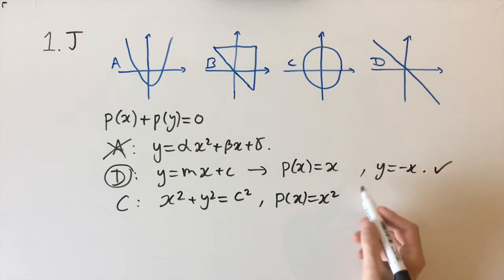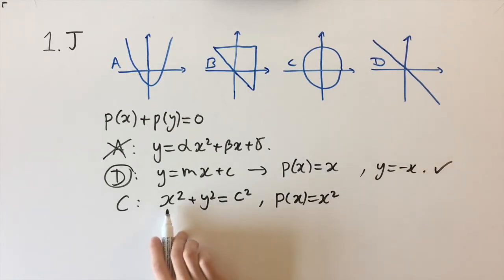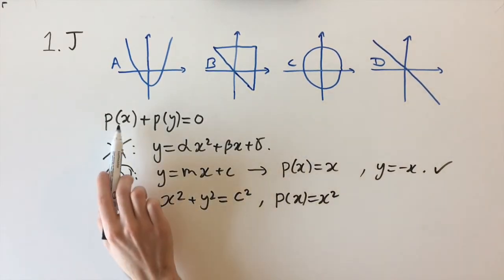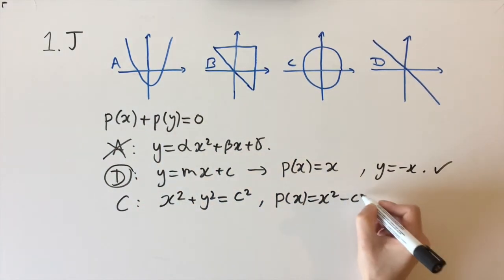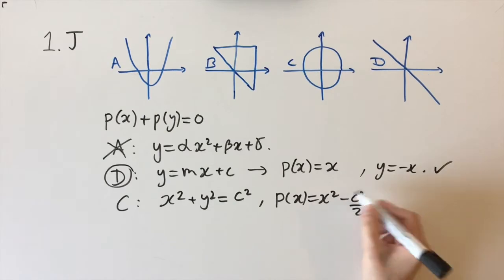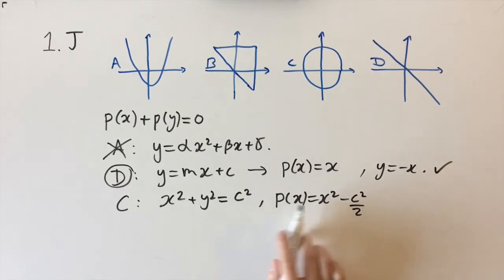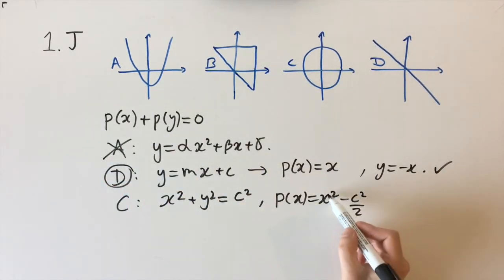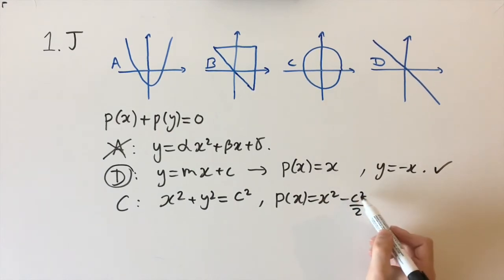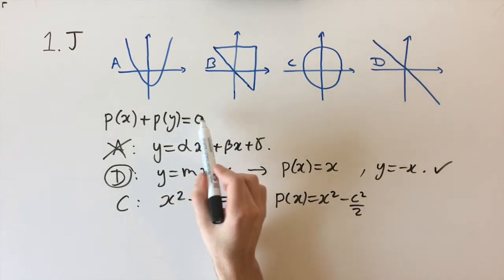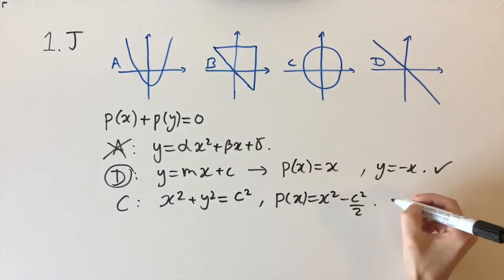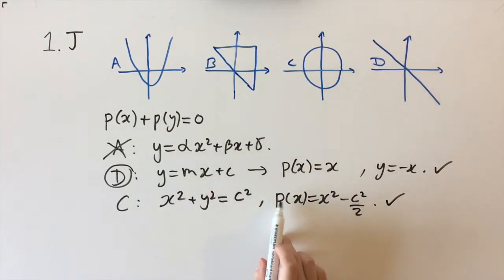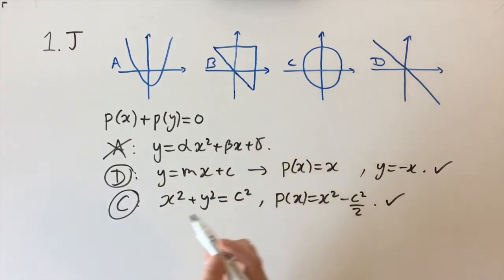Well, actually we need a constant as well. So if we take p of x equals x squared, we get the x squared and we get the y squared. To get this constant, we can just take minus c squared over 2. So when we add both of p of x plus p of y, we get x squared plus y squared minus c squared. And then setting equal to 0, we can just swap the c squared onto the other side. So that is how to generate a circle just with the same polynomial. So C is another solution.